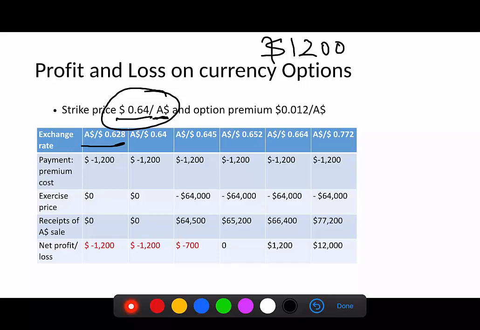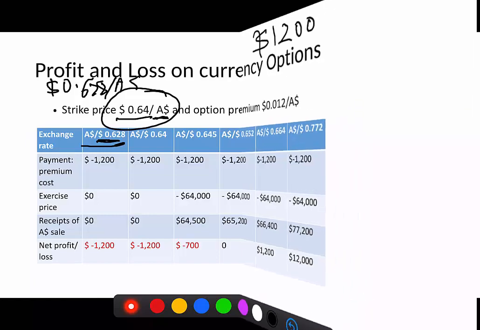You will not exercise, because in the exchange market you can get each Australian dollar at a lower rate, which is 0.628 over here. Remember, this is how the things are quoted in the exchange market. In the mathematical way, this is the same as 0.628 per Australian dollar, right?